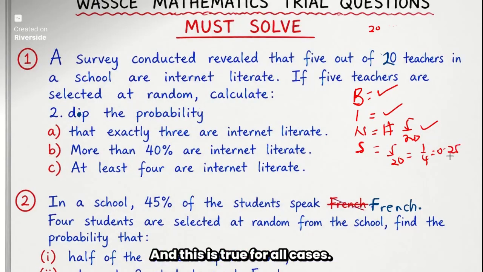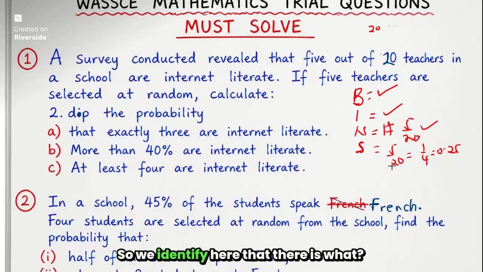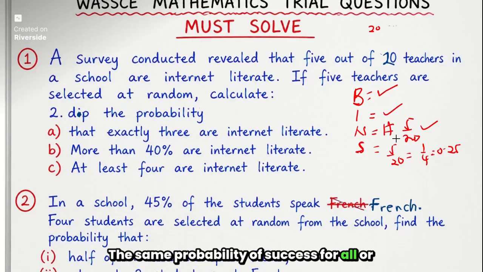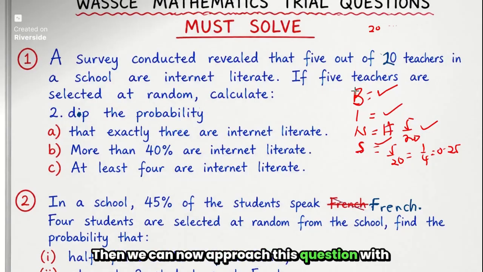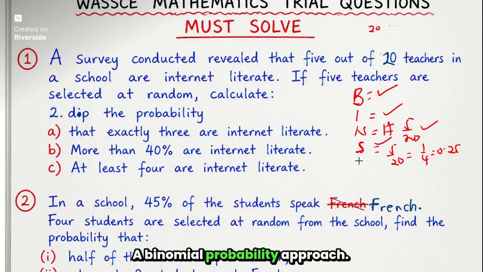So we identify here that there is the same probability of success for each trial. Our question has fully fulfilled the 4 axioms, or the BINS. Then we can now approach this question with a binomial probability approach. Okay, let's proceed with the first one.